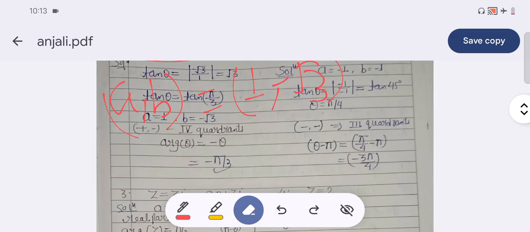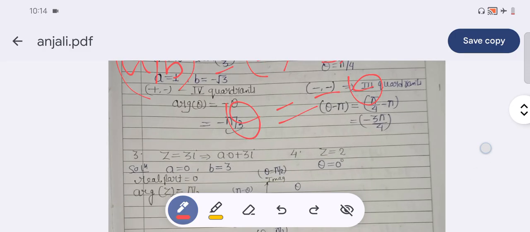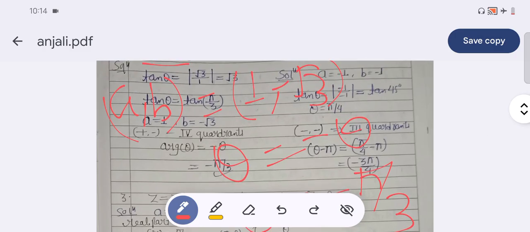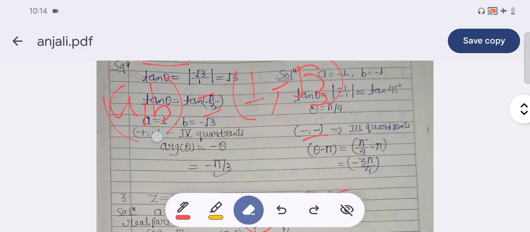We know very well that in the fourth quadrant the argument is minus theta. So the argument of this complex number will be minus pi by 3. It is clear.